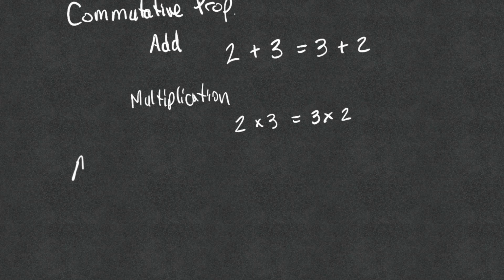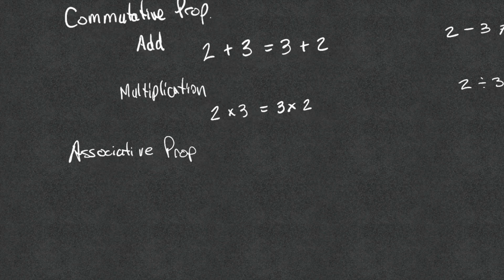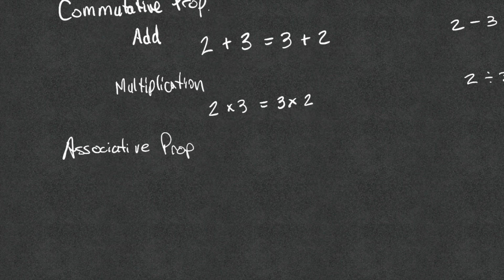Next, we have the associative property. And sometimes people confuse the commutative property and the associative property. But think about this. Commutative, you're beginning with the 2 digits, and you're flipping them.